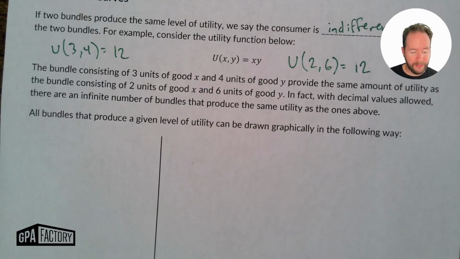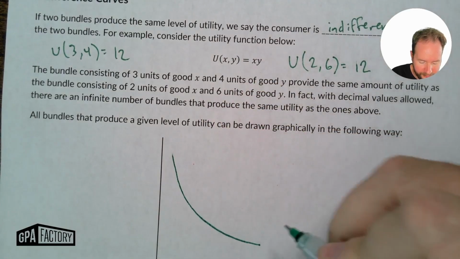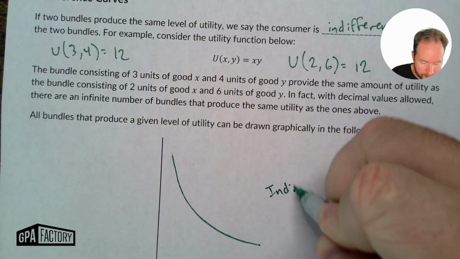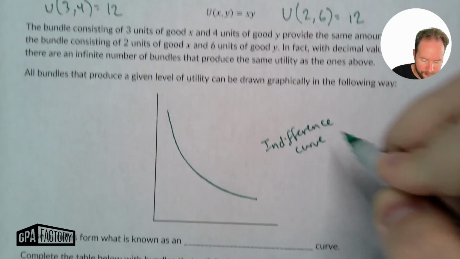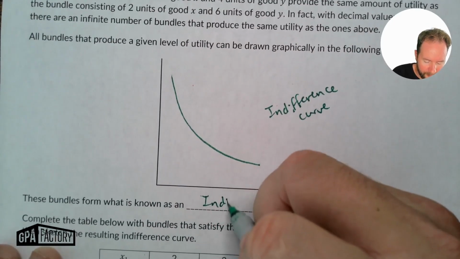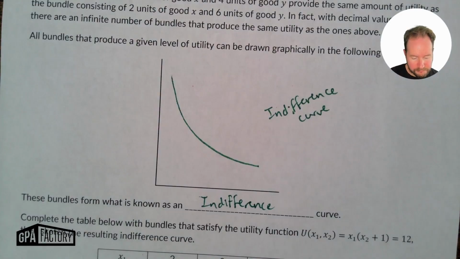All bundles that produce a given level of utility can be drawn graphically in the following way. This is an indifference curve. I guess I should put that in the blank down below. This is an indifference curve. And we could even plot some of these points.